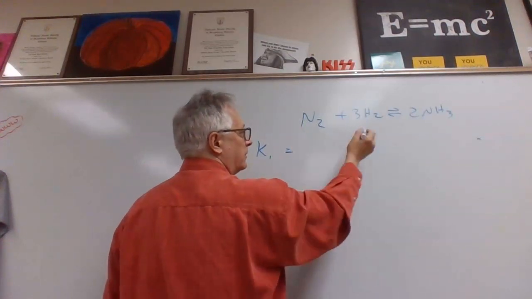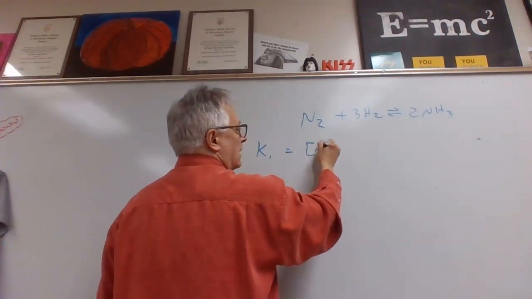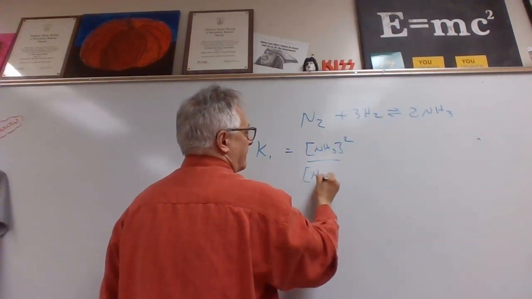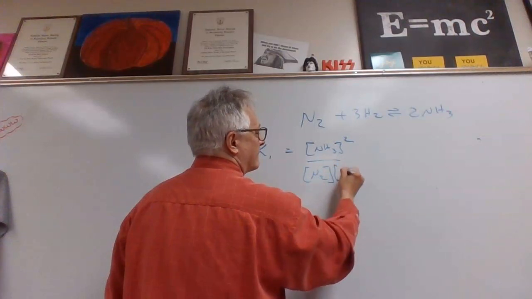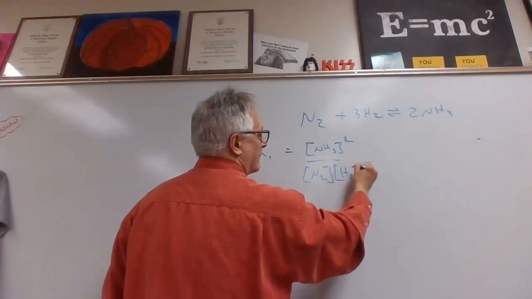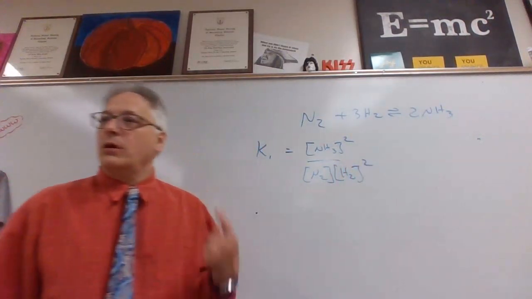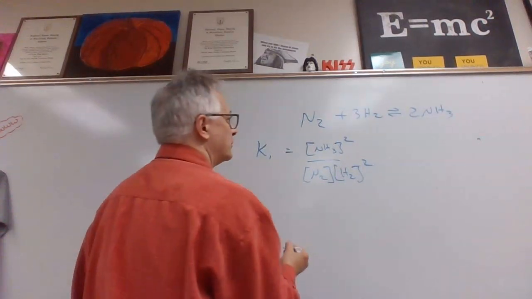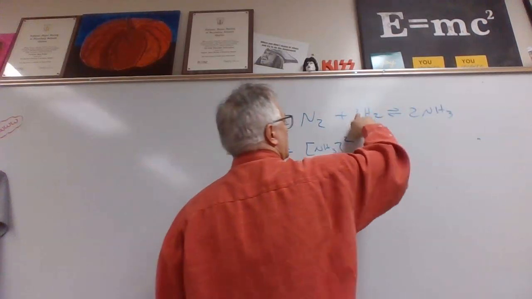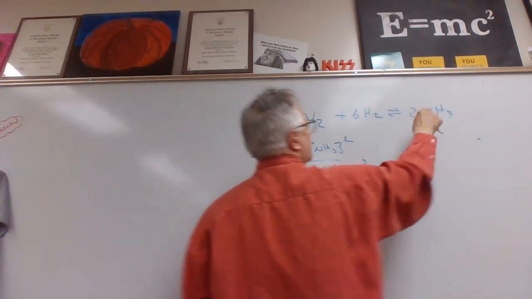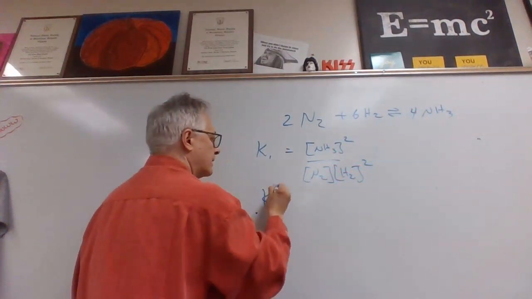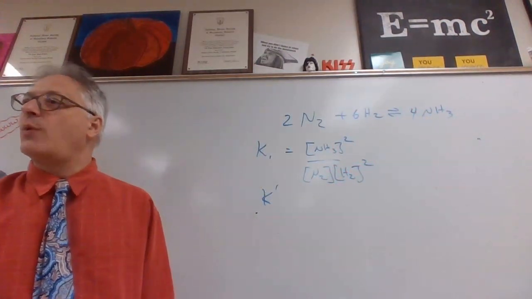It's going to be products over the reactants. Now, what if I want you to write or give me the equilibrium constant for this reaction? Let's say I have a 2 and a 6 and a 4. My K prime is going to be equal to what?